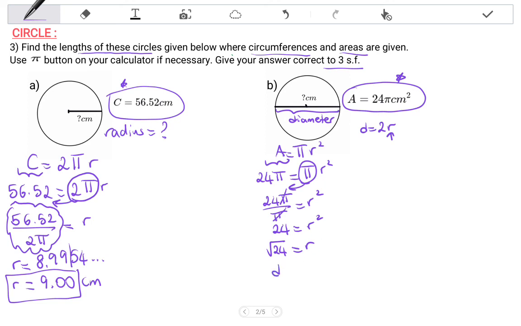You are going to write on your calculator 2 times square root of 24 to get the answer, and do approximation. You will have 9.80 centimeters, which is the rounded answer for your diameter as wanted in the question.